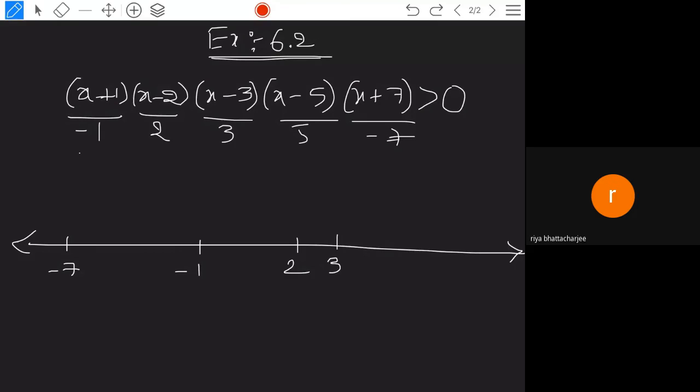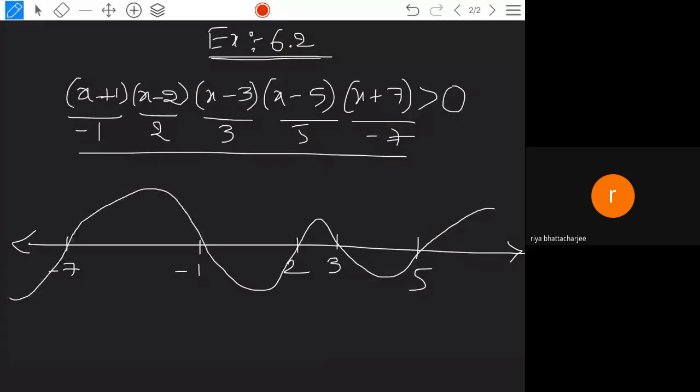So now here minus 7 is taken, minus 1, plus 2, plus 3, next 5. In the same way, here onwards you take like this. So here it is always positive, because for any greater number you take, here it is negative, here it is positive, here it is negative, here it is positive, here it is negative.